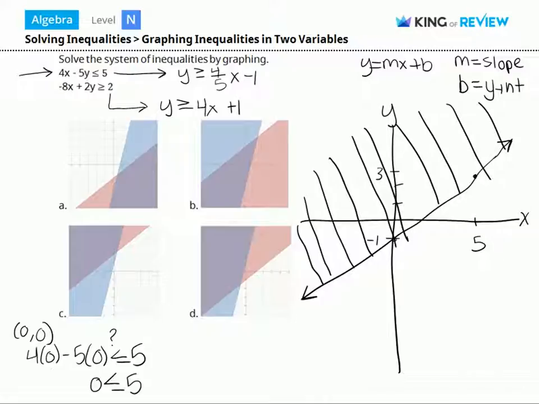Next, we can plot our second inequality, and I'll do this in red so that we can see the difference. So we have y is greater than or equal to 4x plus 1. So our y-intercept is at positive 1, which is right here. And our slope is 4. This means up 4 over 1.